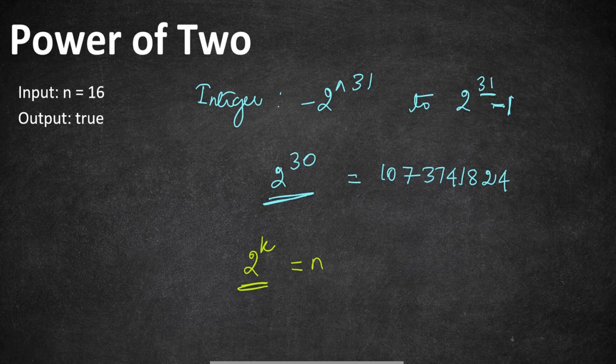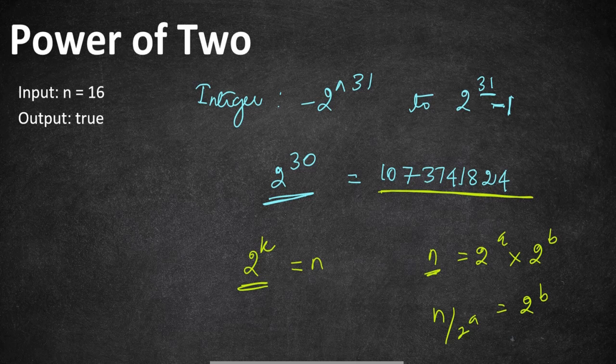For example, if we represent numbers as 2 power a and 2 power b, then 2 power b must be divisible by 2 power a, which gives the other power of 2. So n by 2 power a will give you 2 power b and vice versa. The same logic will be applied. So this is the maximum 2 power number that can be found, that is the maximum integer value.